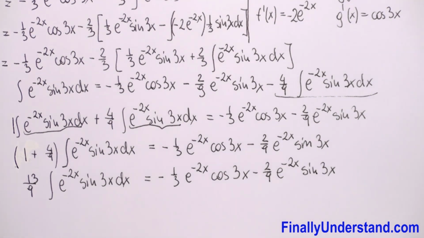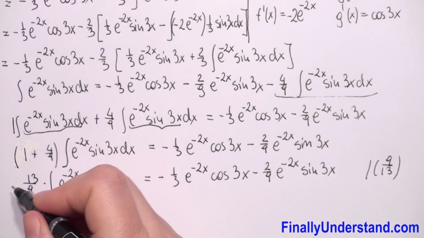Next, because we need to find the integral of e to the power negative 2x sine 3x with respect to x, we don't need this constant because we have multiplication here. We can multiply both sides by 9/13 to reduce this fraction.